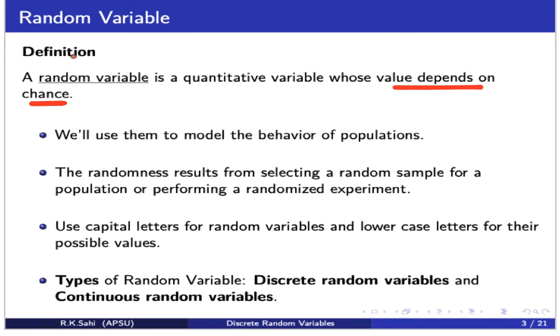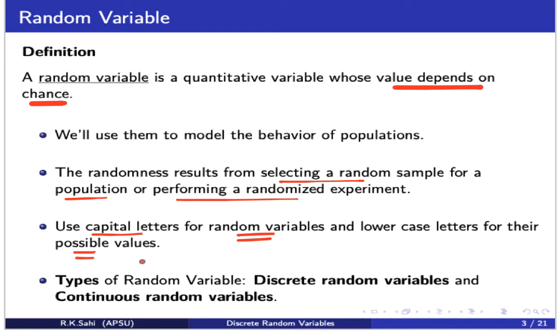This randomness comes from selecting a random sample from a population or performing a randomized experiment. We use a random variable to model the behavior of populations. The notation is that we use capital letters to represent a random variable and a lowercase letter for all possible values.